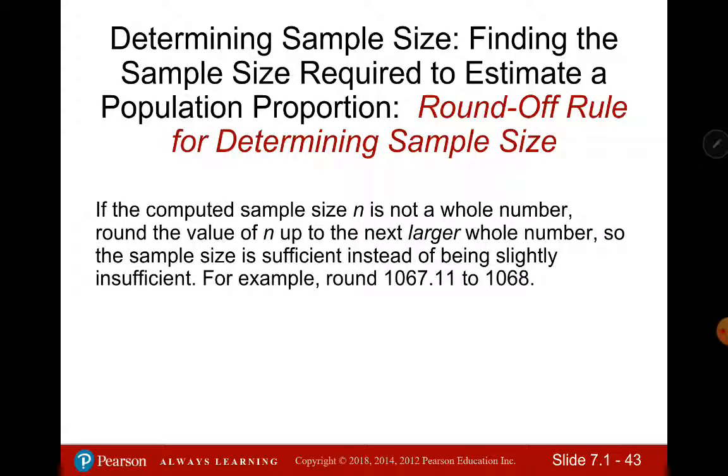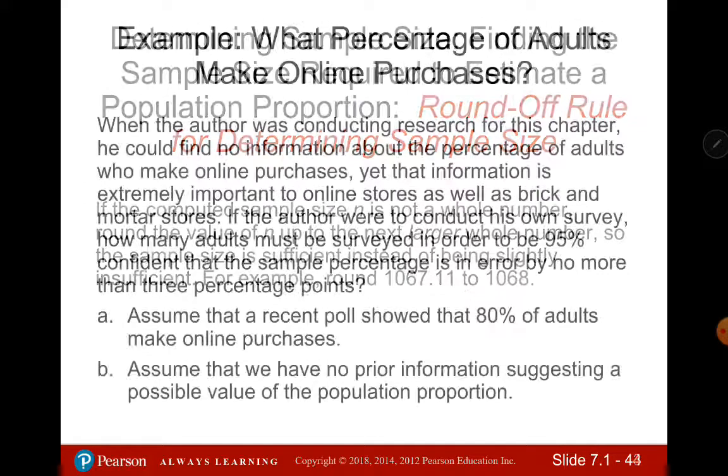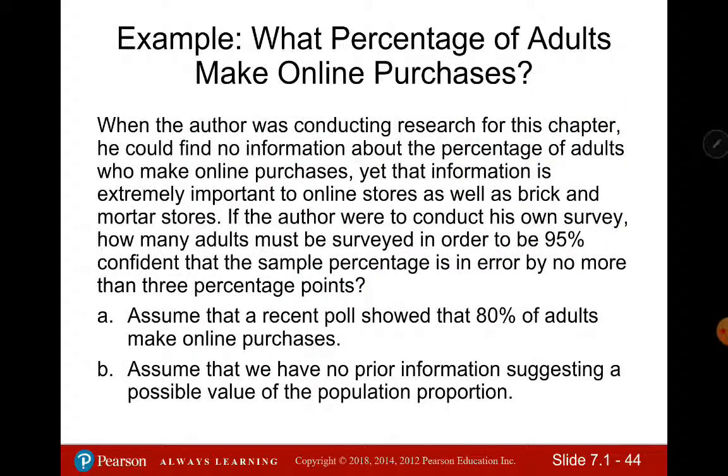So the round-off rule is always round up. Even if we just get 0.11, we still need to round up to the next whole number. Okay, sample size, of course, should be a whole number. Let's check this one.